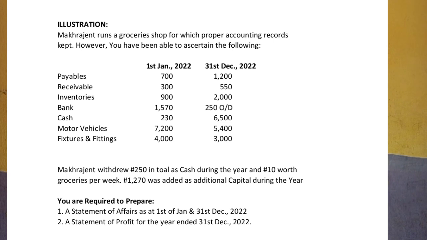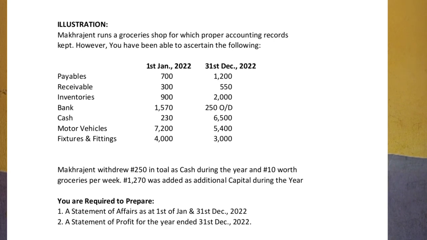Payable 700, 1002; receivable 300, 550; inventories 900, 2000; bank 1,570, 100 naira; 250 naira overdraft; cash 230, 6,500; motor vehicle 7,200, 5,400; fixtures and fittings 4,000, 3,000.